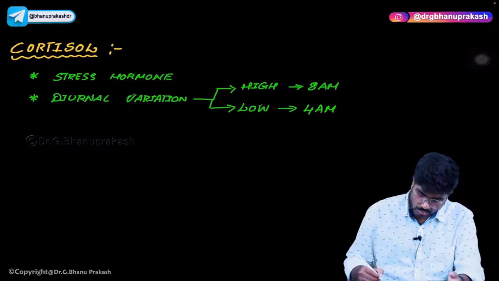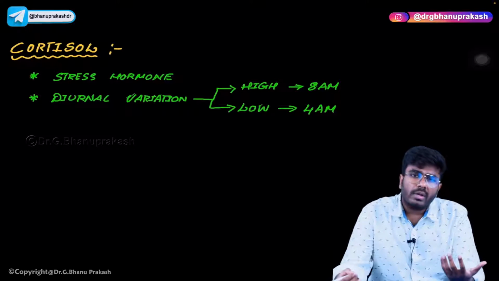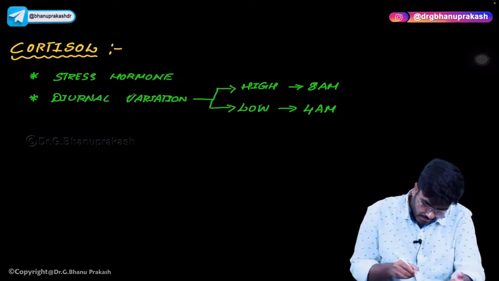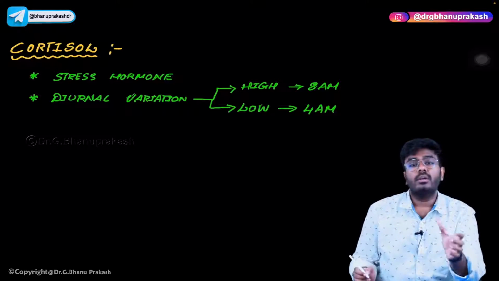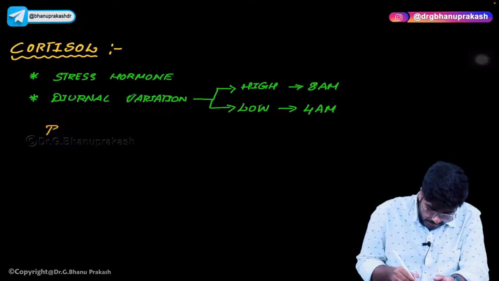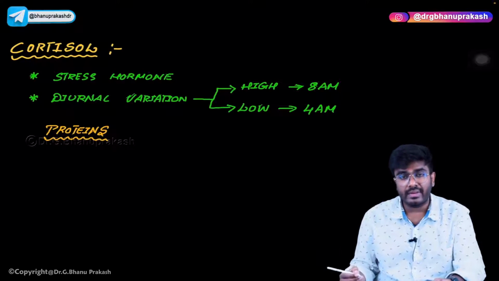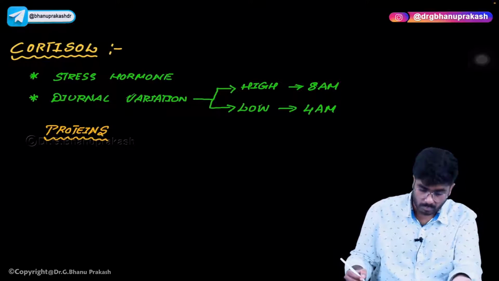Now let's talk about the cortisol action on different substances. For example, what happens to proteins? Okay, let me write it down here. Now, if cortisol is acting on proteins, proteogenesis will happen or proteolysis will happen. Cortisol is one of the catabolic hormone.